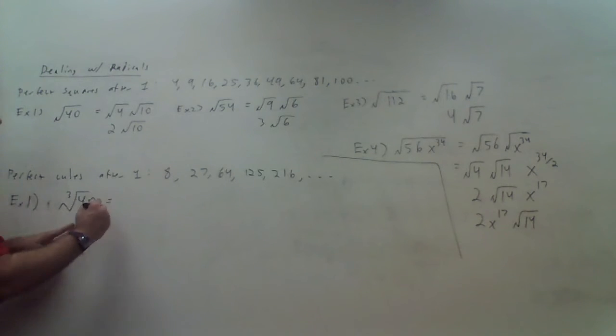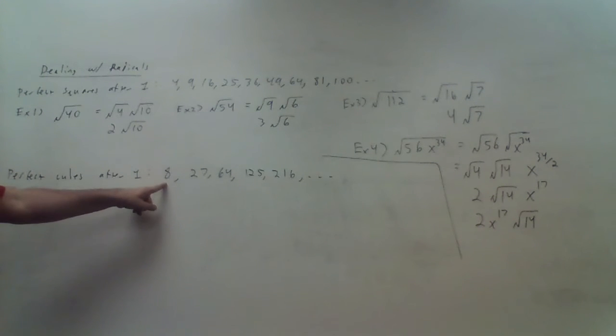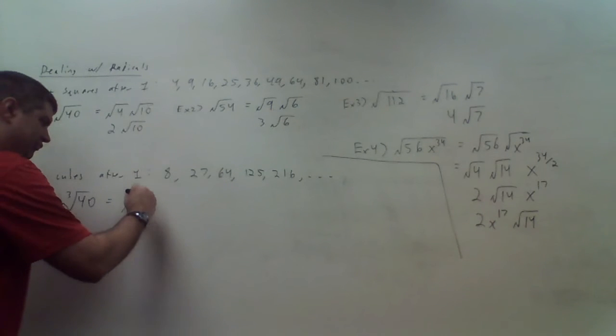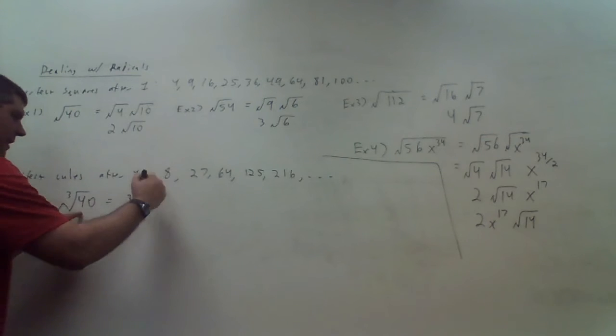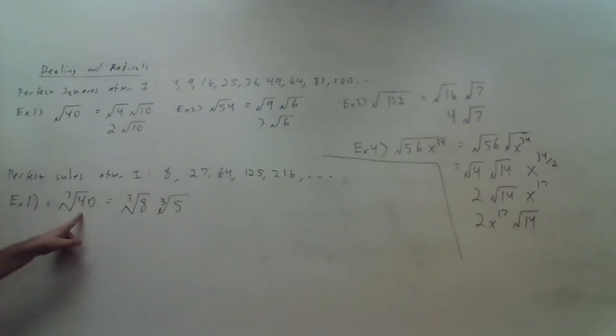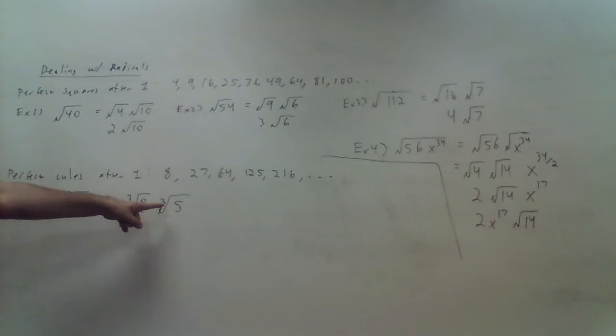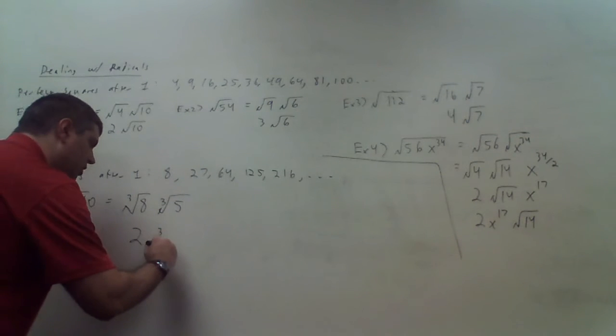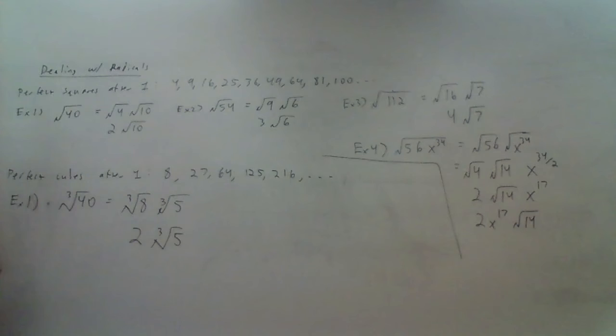So I look for the highest perfect cube that divides 40. And that's 8. And 40 divided by 8 is 5. Don't forget the cube root in the notch. The cube root of 8 is 2. So I have 2 cube root of 5. Okay?